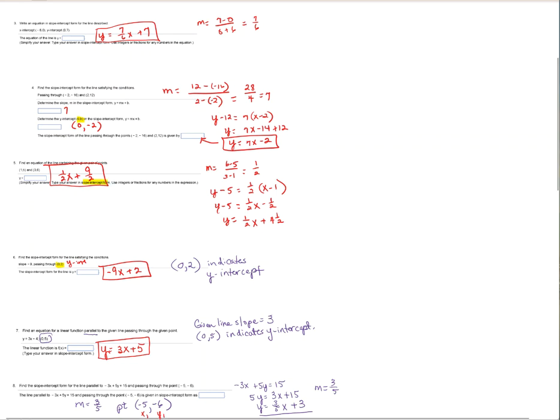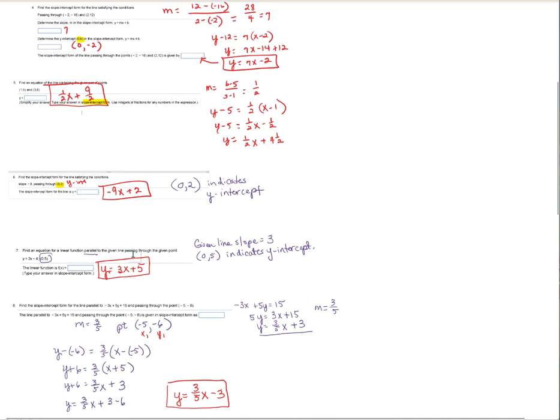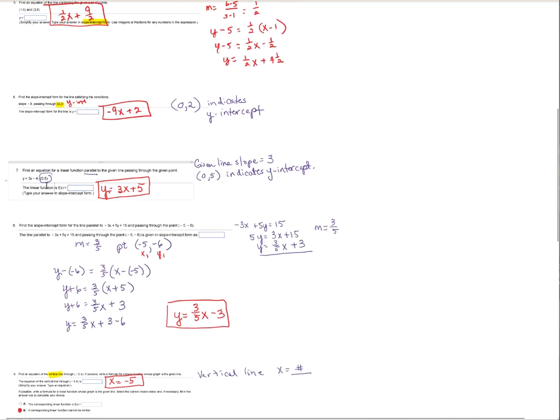So they tell you that, and you want to be sure that you put it in the right form. So that's 1/2 x plus 9. Number 6, find the slope-intercept form that has a slope of -9 and passes through 0, 2. There's your y-intercept, so it's just -9x plus 2. Easy to do on that one.